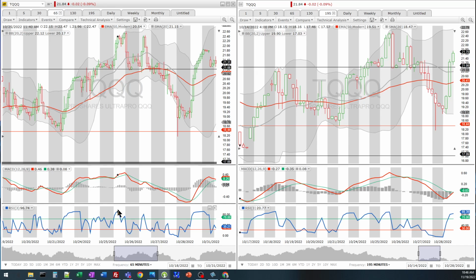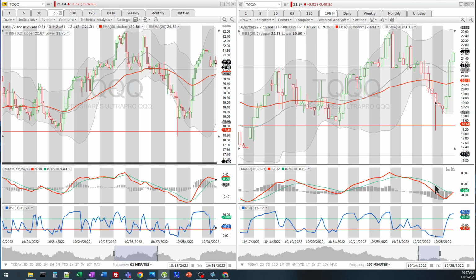Like, uh-oh, I think I'm gonna get out. We need to think about getting out. Okay, that's how you could use the RSI bearish divergences. Even though the MACD doesn't quite tell you that, it doesn't. The MACD shows you positive convergence, but the RSI is showing you bearish divergence, if that makes sense.